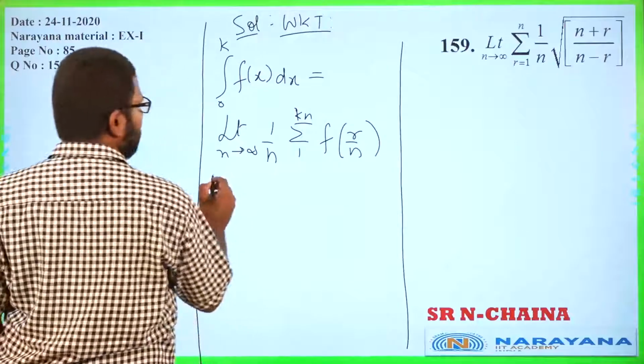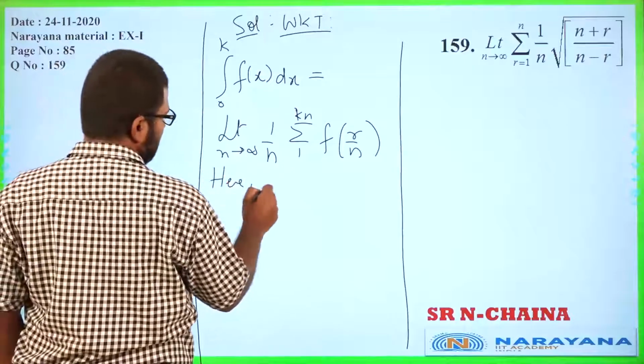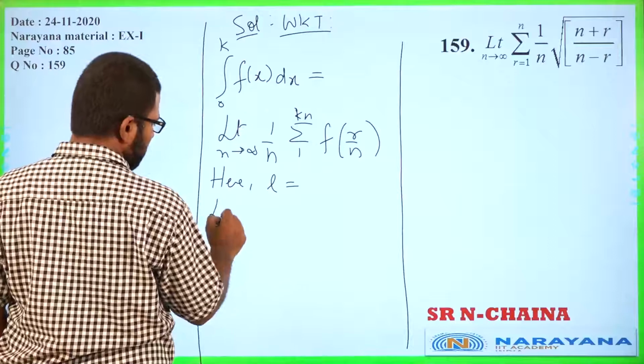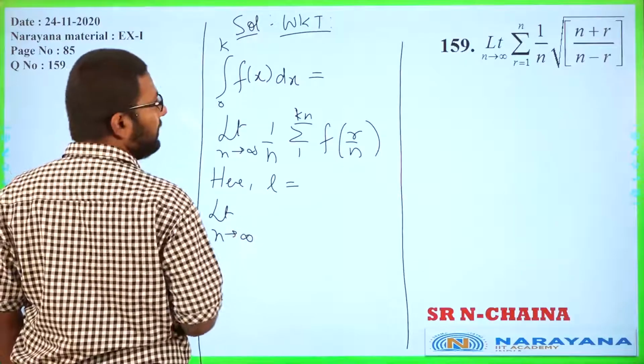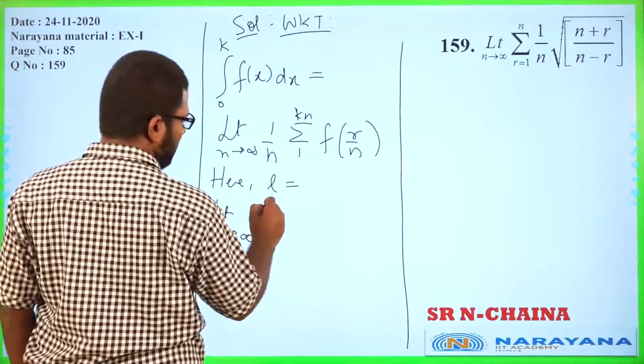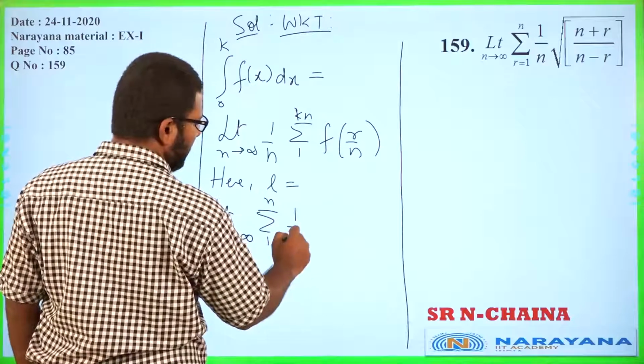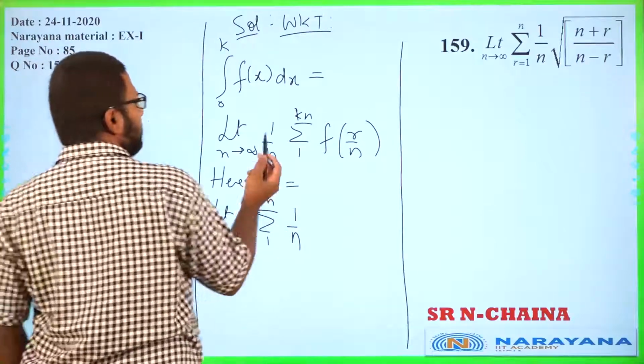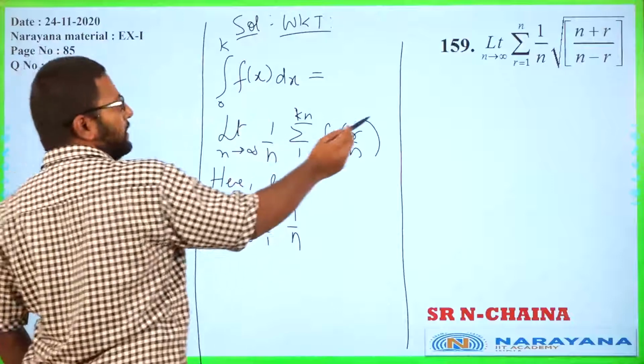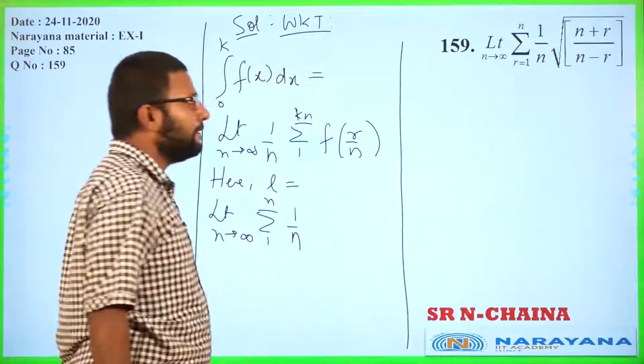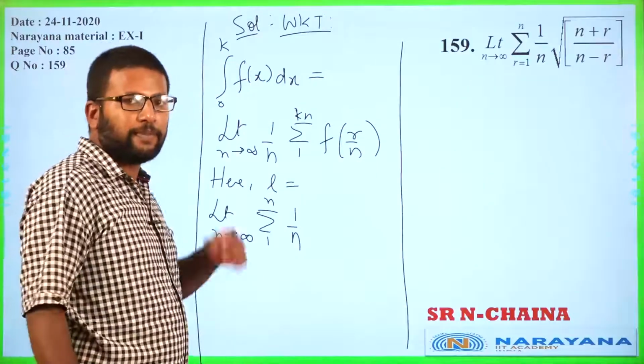So what do we do? We will say here L is equal to limit n tends to infinity summation 1 to n, 1 by n. You see we require 1 by n outside summation, here 1 by n is inside. What do we do?